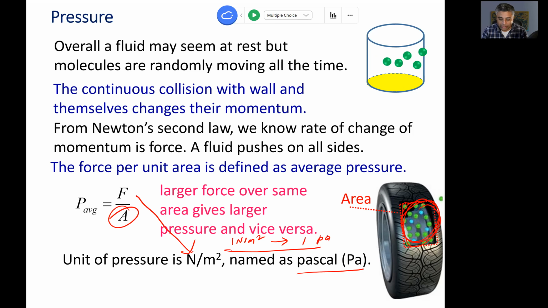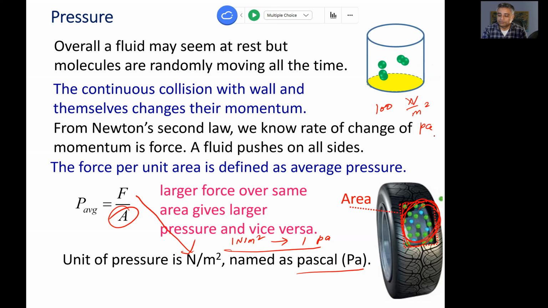But there are other units. For example, we may say atmospheric pressure and blood pressure. When I say my blood pressure is around 100, what unit am I using? That is definitely not Newton per square meter or Pascal.